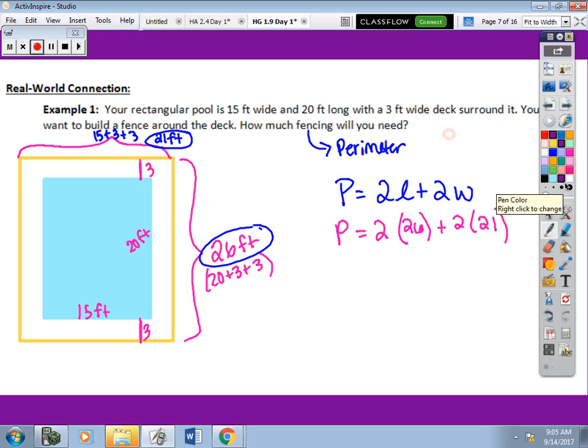And then you want to make sure you use your order of operations, multiply first, and then add those together. And what kind of units would I have on this? Yep. Feet. Regular feet.